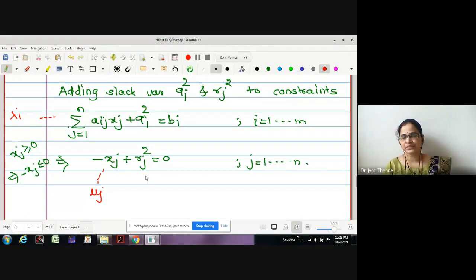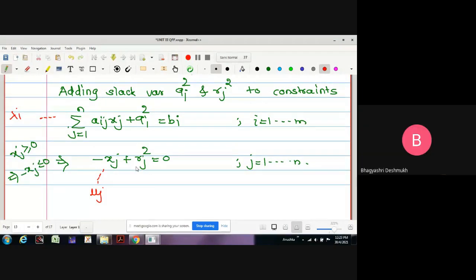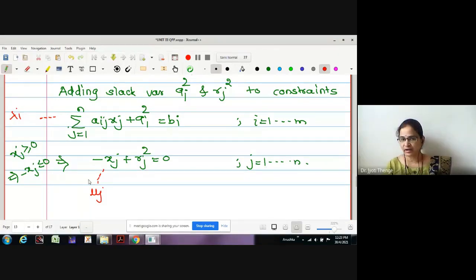How many r variables? N: R1, R2 to Rn. While adding them in the constraints, we add them in their square forms, because we want the value to be non-negative. Correct?